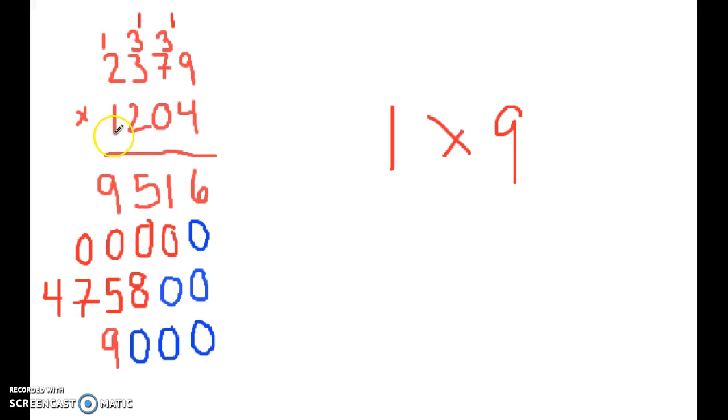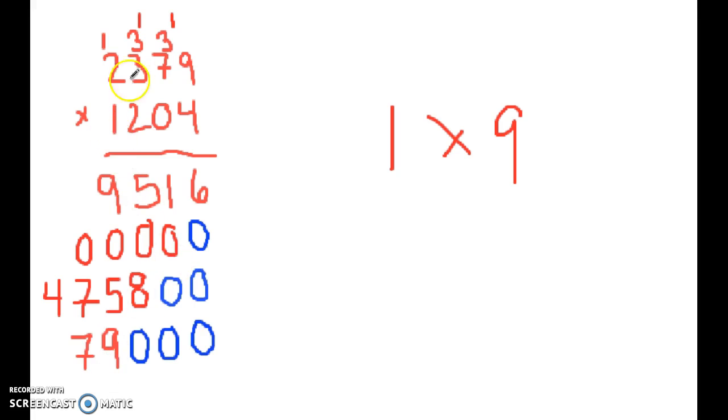Next we move on to our 1 times 7, which is really 1 times 70. Well, not just 1 times 70, it's really 1,000 times 70, which is 70,000. And so we drop our 7 in the 10,000s place because it is 70,000.